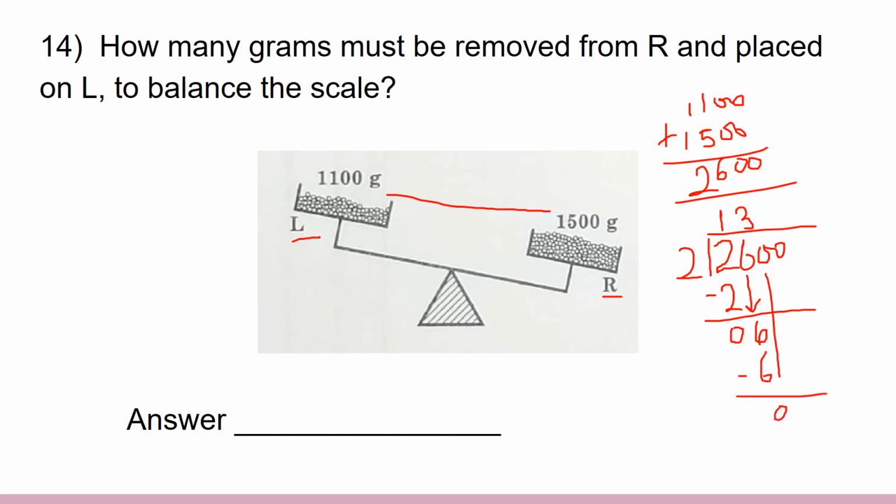Then we bring down the 0. 2 into 0 is 0. We have another 0. So 2 into 2600 is 1300. So in order for this scale to be balanced, we must have 1300 on both sides.